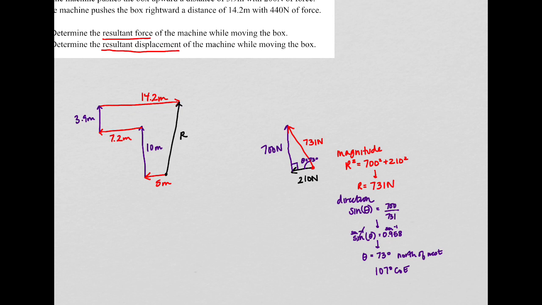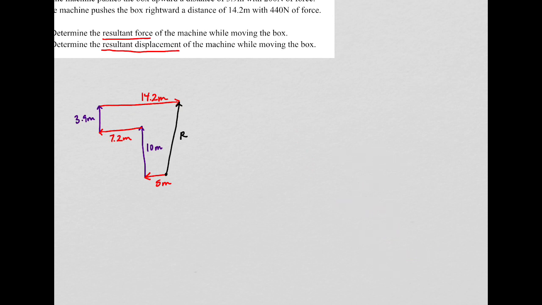So let's use all of the fun methods that we already know how to do. First, I'm going to add up all of my vertical and horizontal components. So I have 14.2 minus 7.2 minus 5, because those are in opposite directions. When I put that into the calculator, I get that my horizontal component is 2 meters this way.